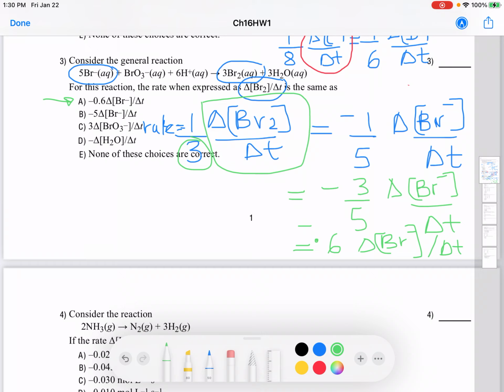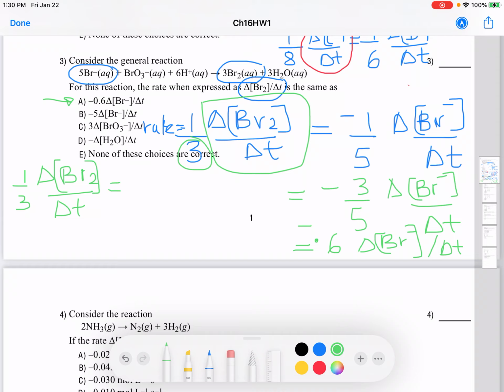But let's go ahead and see why the rest of the answers are not the correct ones. We got lucky, the first one is the correct one, but let's do the other ones also and see why the next one is not correct. Again, I'm going to write down 1 over 3 delta bromine over delta T, the bromine concentration.